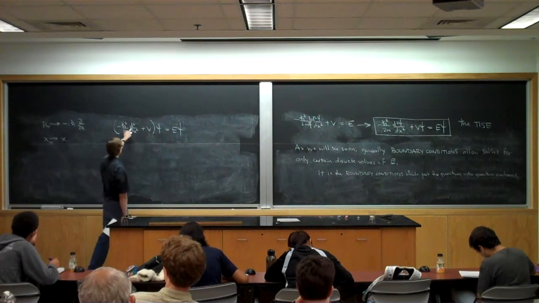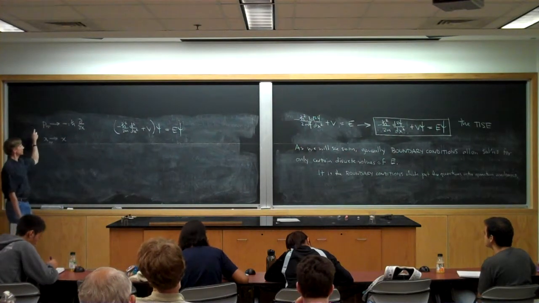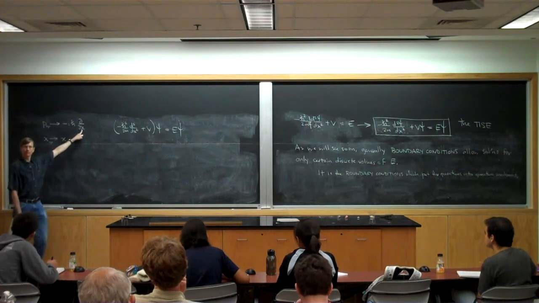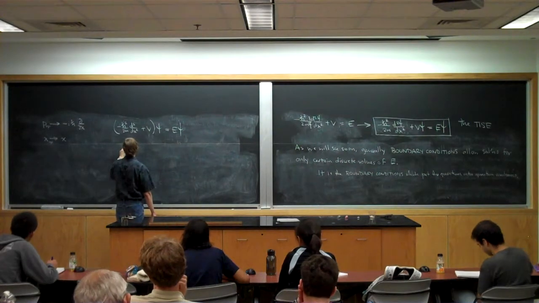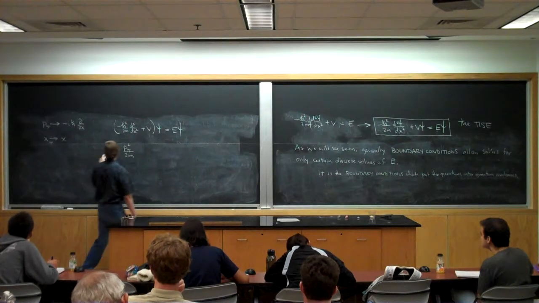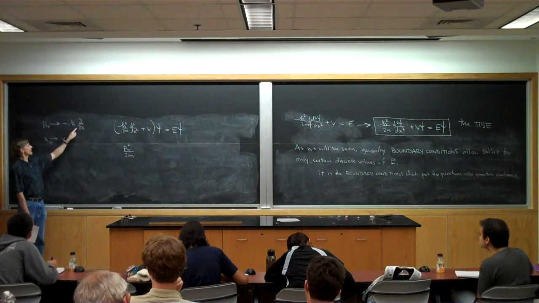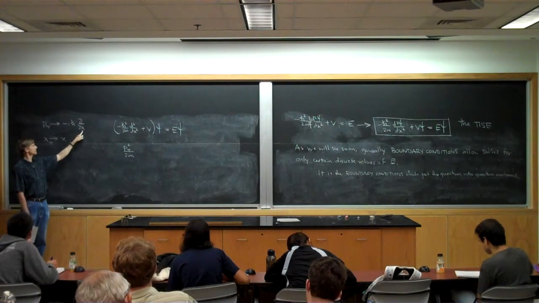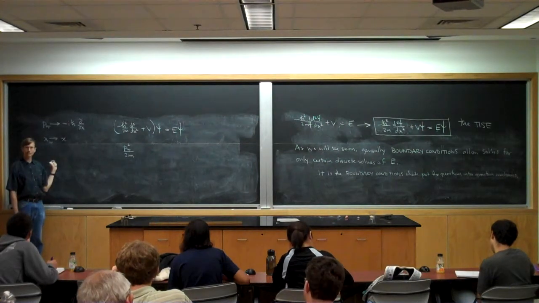Well, minus h bar squared d squared dx squared in one dimension, if psi is only depending on x, this partial derivative is the total derivative. And so this is equal to the P operator squared over 2m, because the P operator squared is two applications of minus i h bar partial with respect to x. And so that produces minus h bar squared over 2m d squared dx squared.